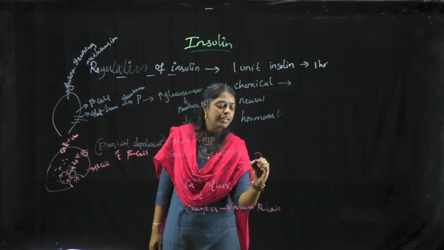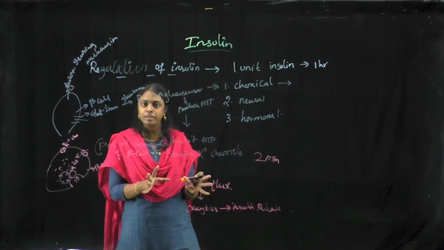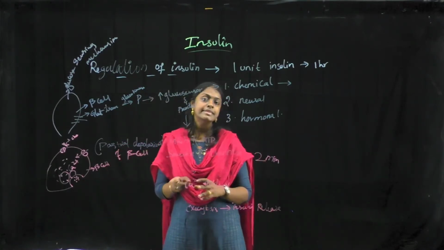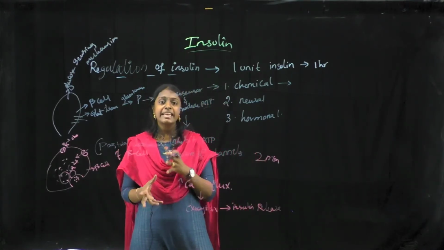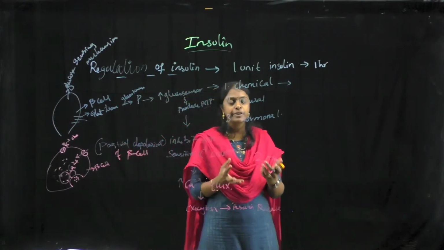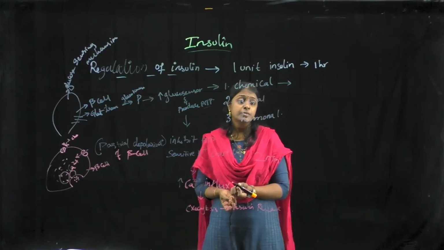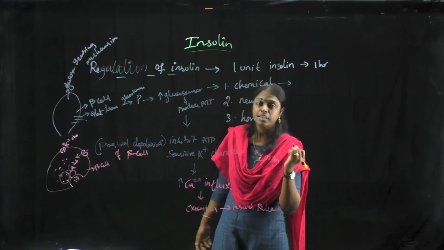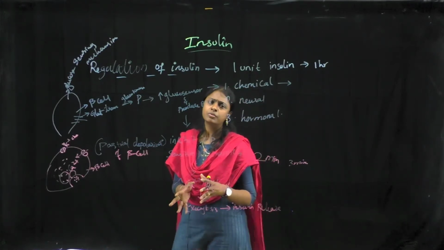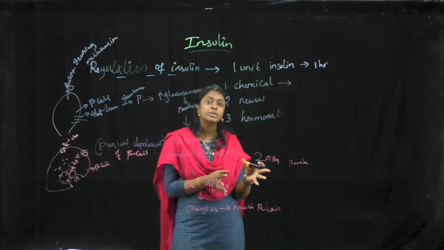Within 2 minutes this whole process happens and insulin is released into the bloodstream. This is the first phase. The second phase will take a little longer. For example, the first phase is 2 minutes, and the second phase will be 3 minutes, but there won't be any third or fourth phase. This 3 minutes will continue.